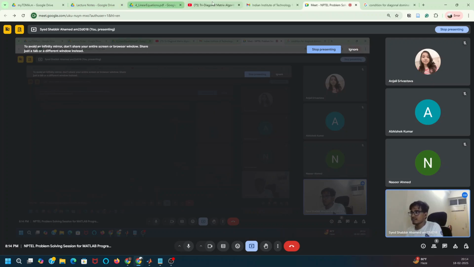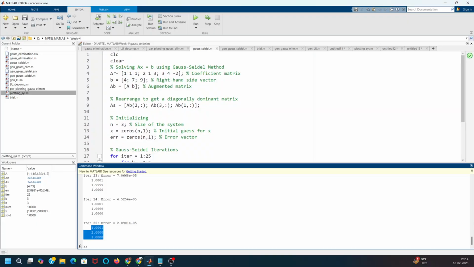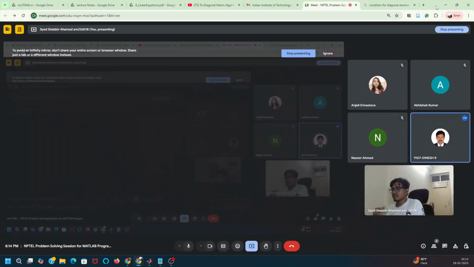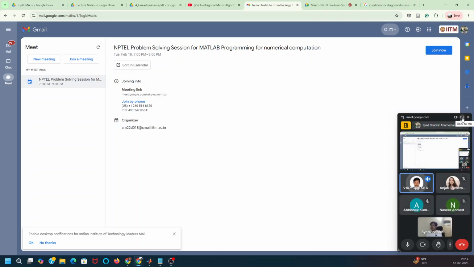This is not a diagonally dominant matrix, even if you rearrange the rows. Just by rearranging, by trial and error, you can get a solution, but most of the times you won't.